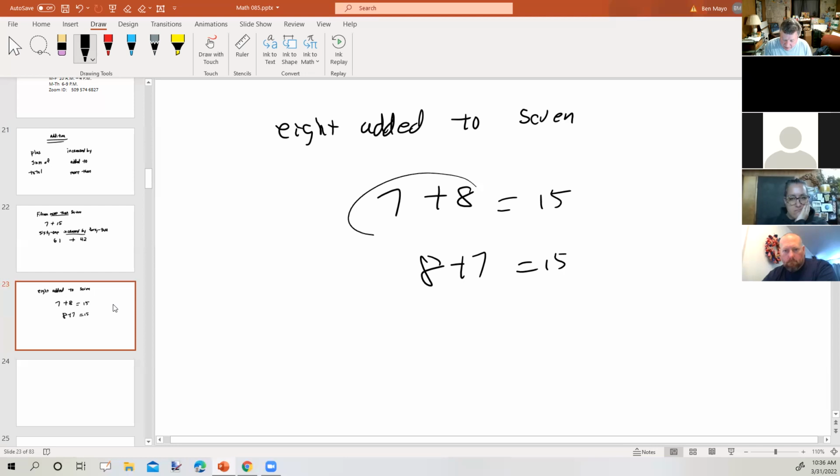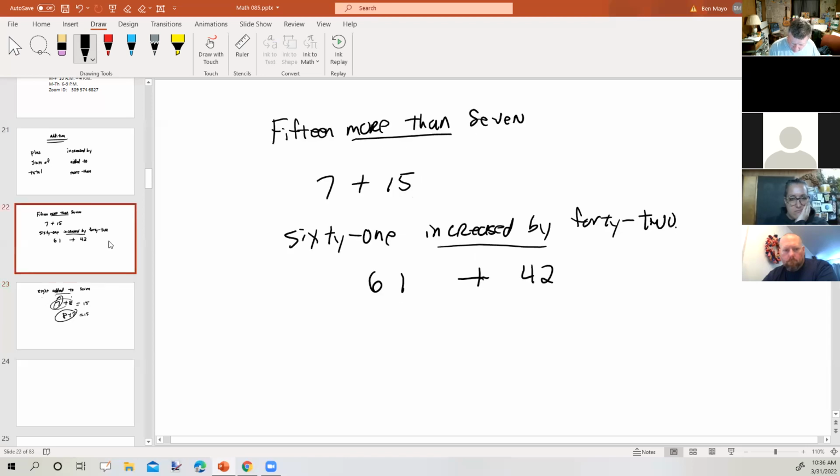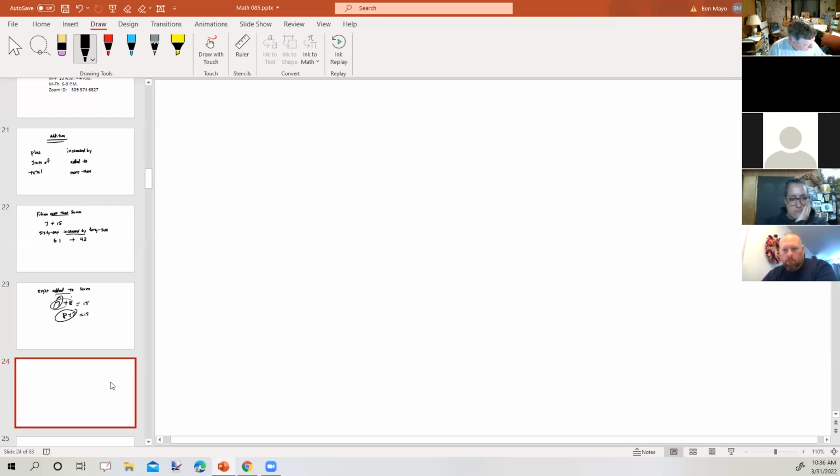But the reason I wrote it this way is it says 8 is added to something. Well, to add 8 to something, you have to have the something to start with, right? That's why I wrote it this way. But if you wrote it this way, it would still be correct with addition. All right, let's see. Added to, what did I use here? Increased by, more than, trying to get all examples here.